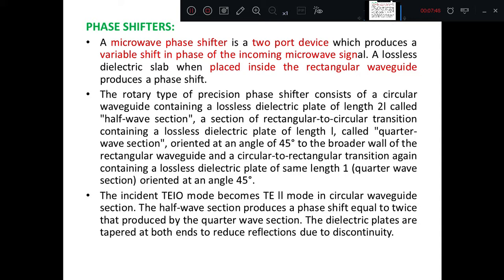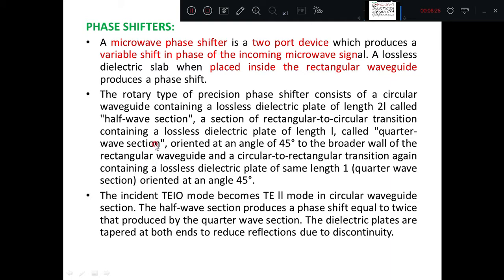An example of a precision phase shifter is the rotary type of precision phase shifter, which consists of a circular waveguide rather than a rectangular waveguide, containing a lossless dielectric plate of length 2L called the half wave section. There is a section of rectangular to circular transition containing again a lossless dielectric plate of length L, called the quarter wave section.